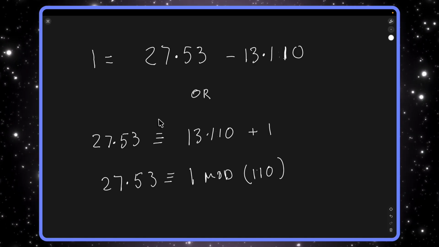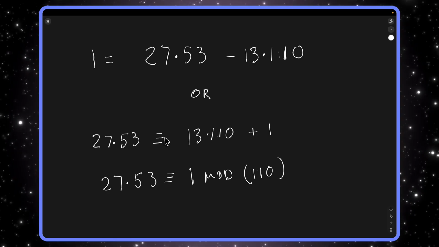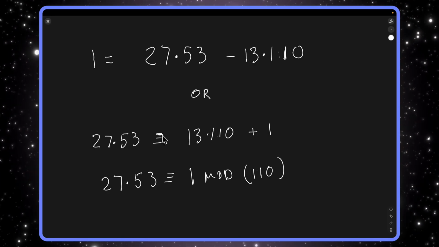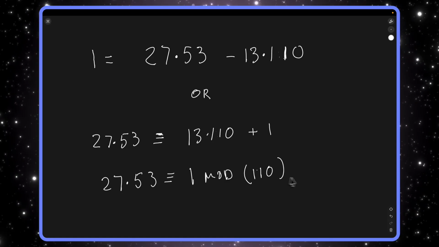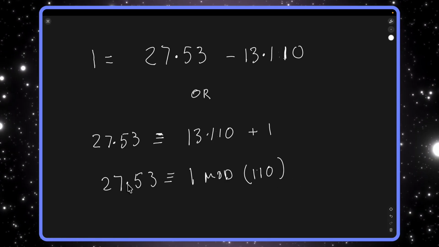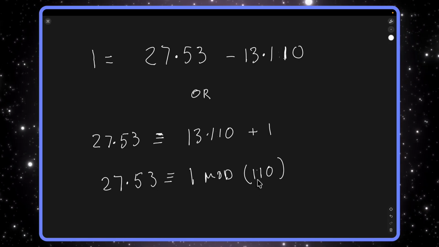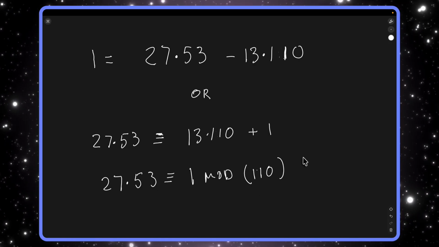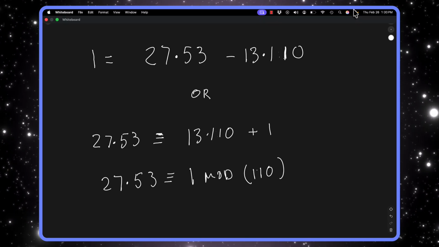That means that 27 times 53 is congruent to 1 mod 110. So that would mean that 27 is the inverse of 53 mod 110. That's something we'll need to use in future sections. Okay, thank you. Bye.